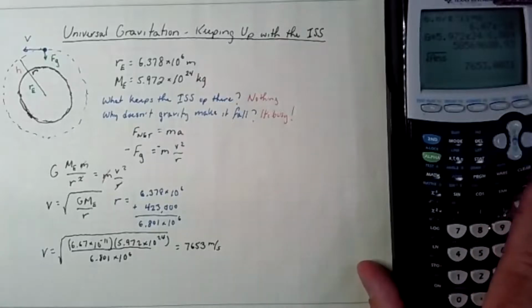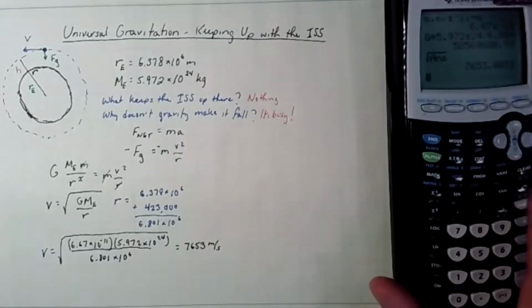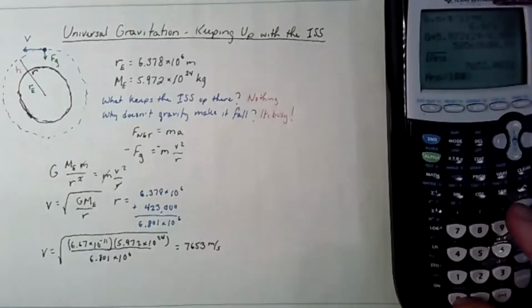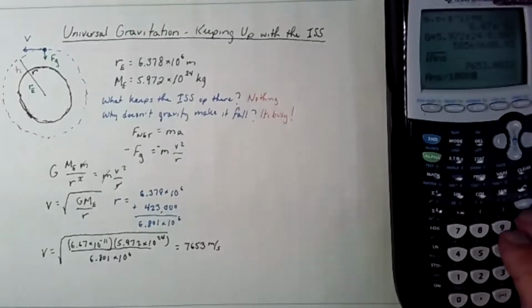So let's convert to kilometers per hour, and we'll see how close we got. So if this is in meters per second, and I want kilometers per hour, I'm going to divide by 1,000 to get to kilometers, and then I'm going to multiply by the number of seconds in an hour.